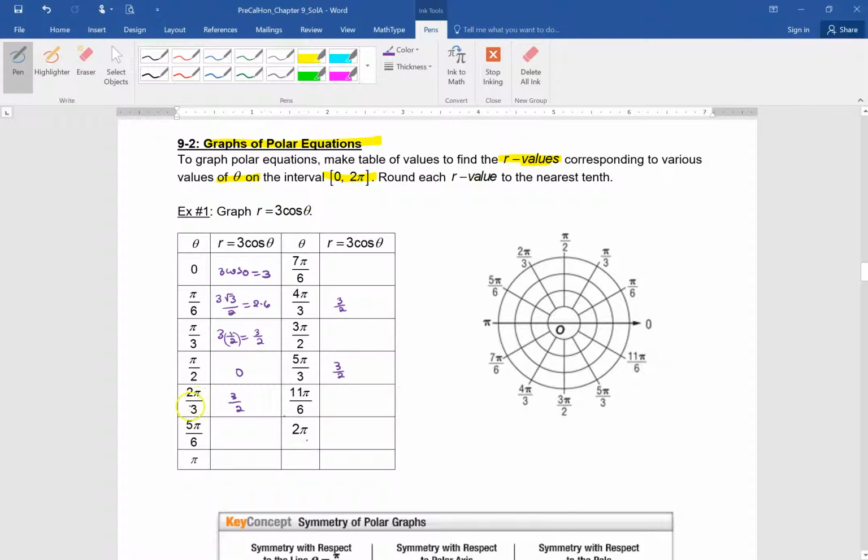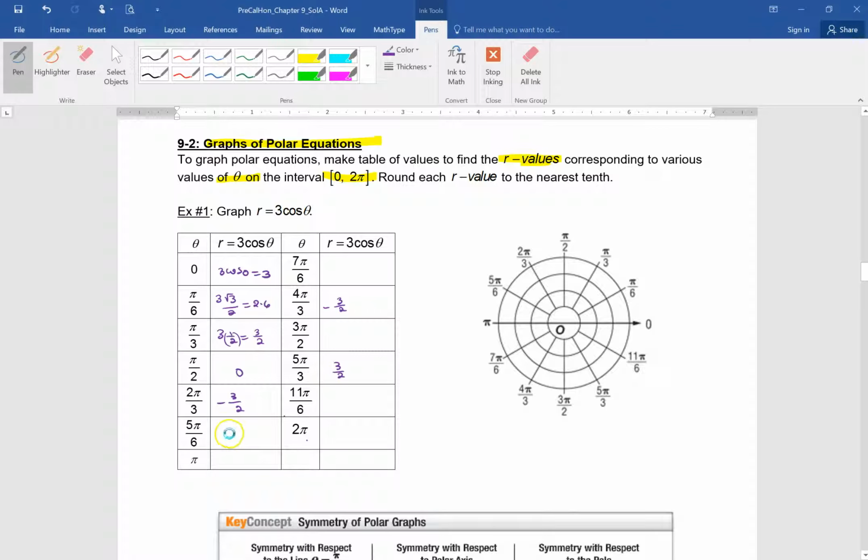Where is 2 pi over 3? It's in quadrant number 2, and the cosine there is negative. The cosine for 4 pi over 3 is positive here, all right? That's how we're going to do it.